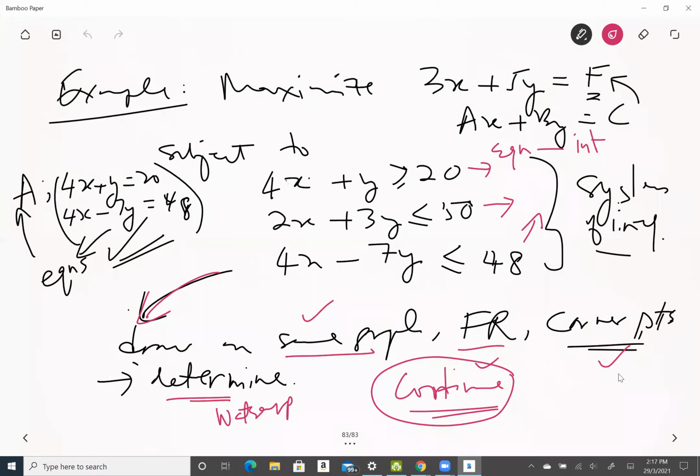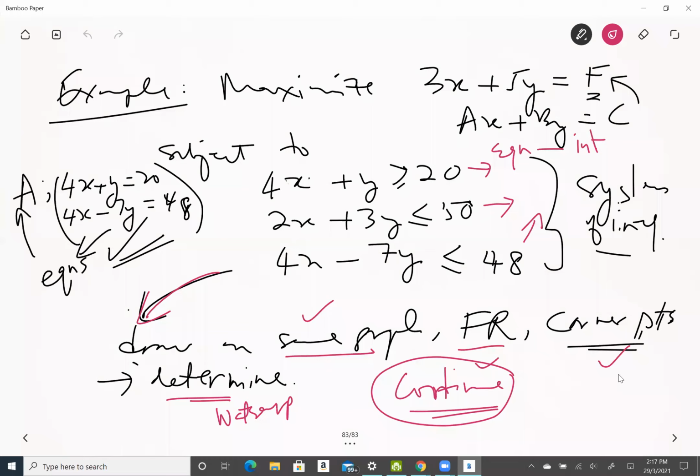Get me the intercepts for those equations. What is the intercept for 4x plus y equal 20? So that we can do this quickly.